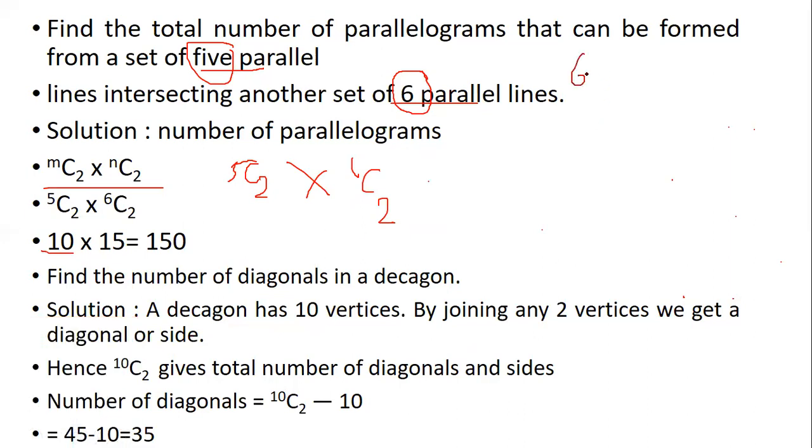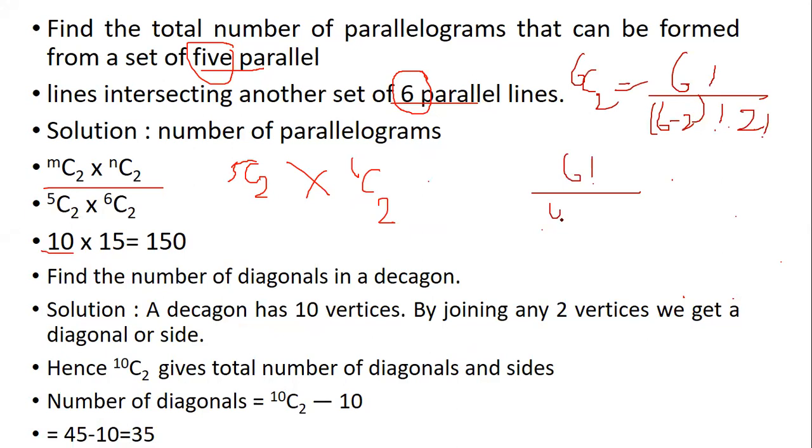Okay. So 6C2 is nothing but 6 factorial by (6 minus 2) factorial into 2 factorial. So 6 factorial by 4 factorial into 2 factorial. So I can write this as 6 into 5 into 4 factorial divided by 4 factorial into 2 factorial.